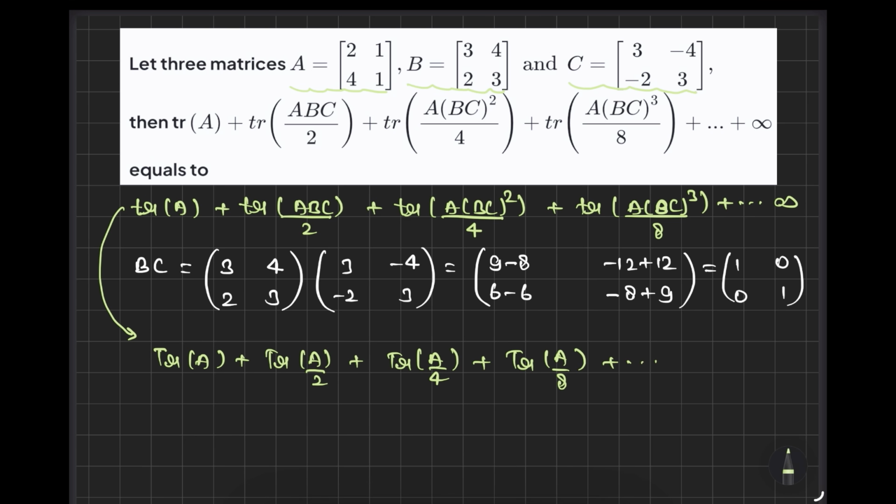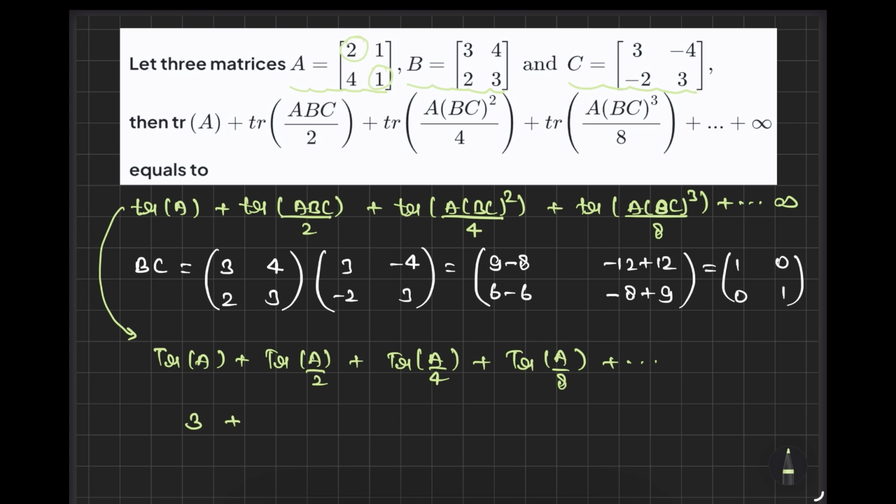You know that if any constant is multiplied with the matrix and you are trying to find out its trace, you can take that constant outside. So it will become trace of A, then 1 by 2 of trace of A, 1 by 4 of trace of A, 1 by 8 of trace of A. Okay, so properties are important. So trace of A is what? Sum of diagonal elements, 3.